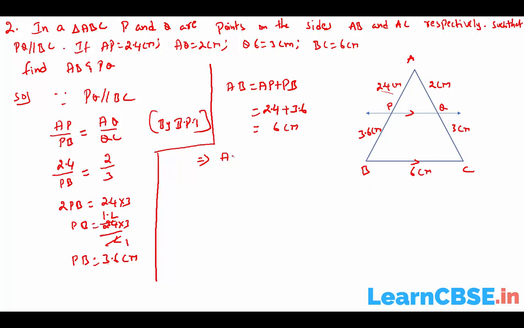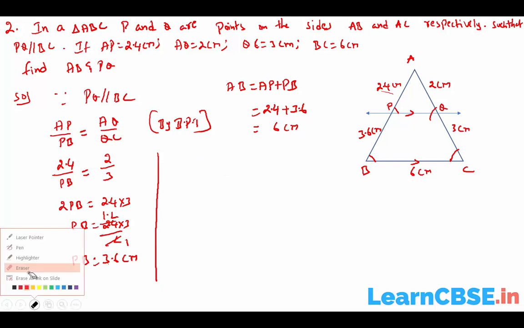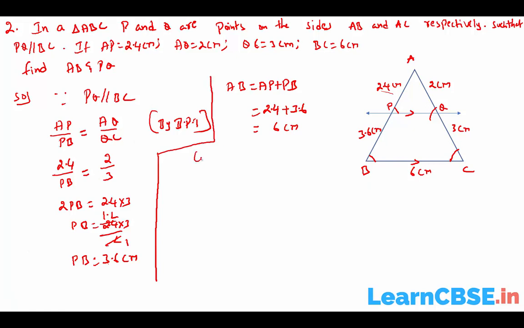See here, this angle and this angle are equal because of parallel lines, corresponding angles. Consider triangle ABC and triangle APQ.